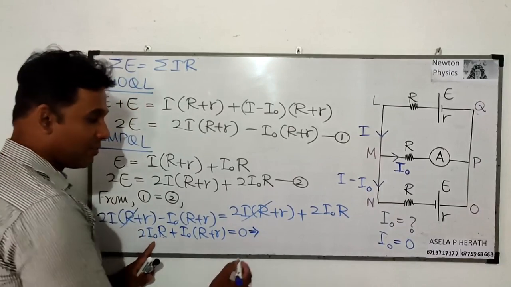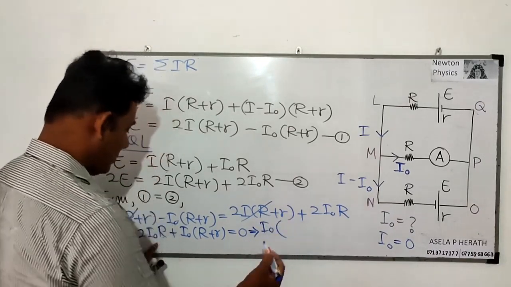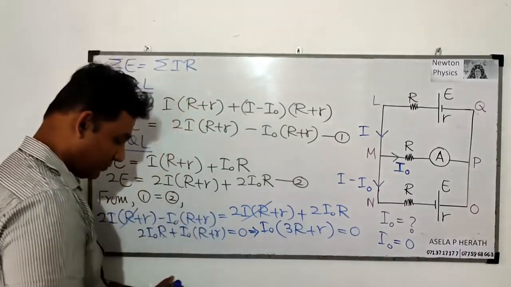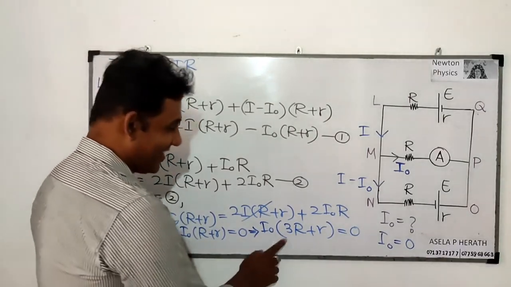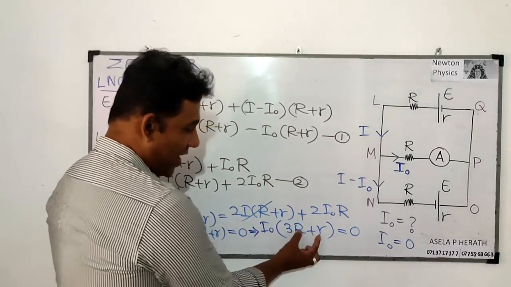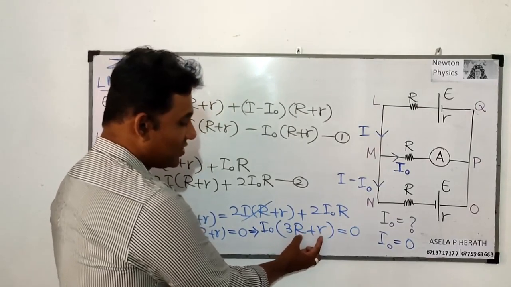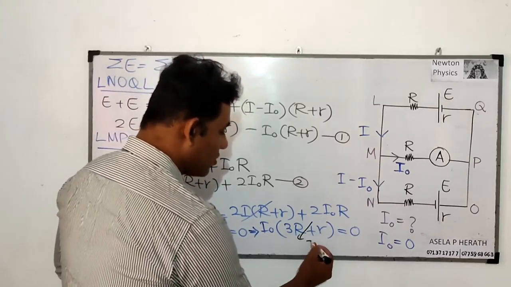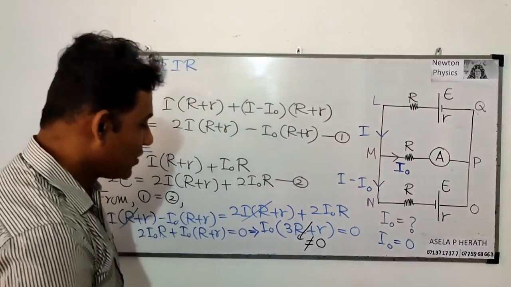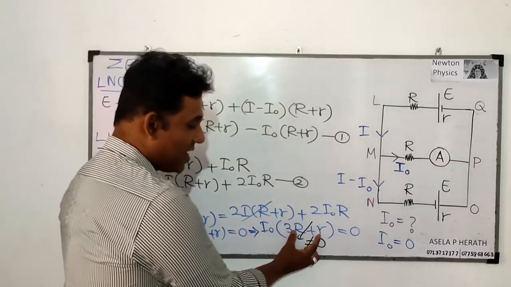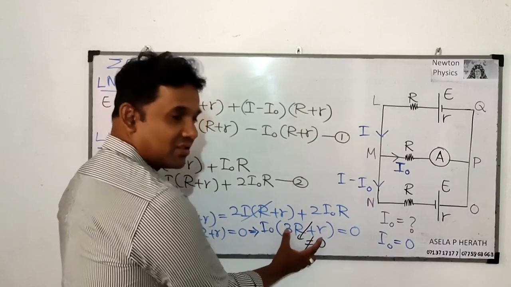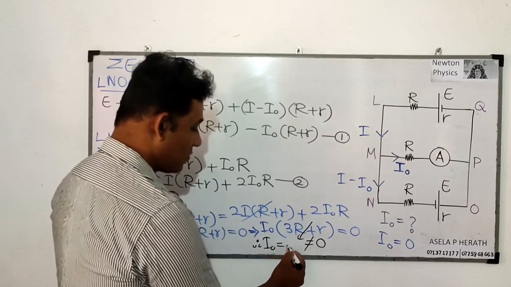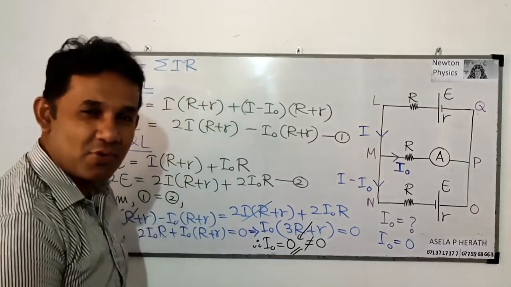I naught is a common term: I naught into 3R plus simple R equals 0. Now 3R plus simple R are resistors, and the summation of these two resistors is always greater than 0. That means this is not equal to 0. So since I naught into 3R plus simple R equals 0 and this term doesn't become 0, I naught equals 0. This is the proof.